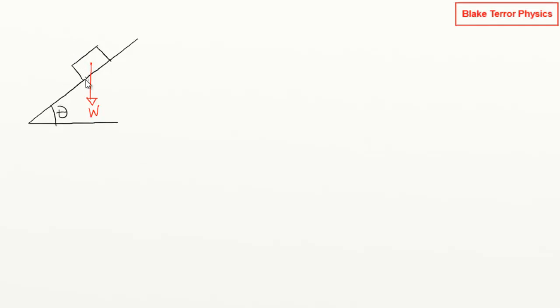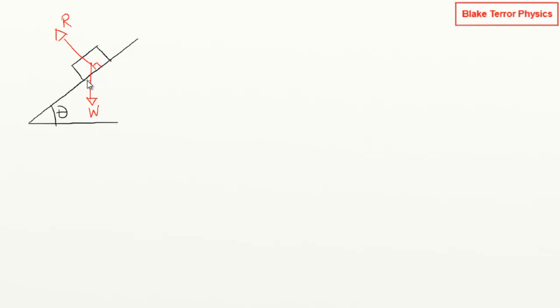We can then put on our normal reaction force. We've got a plane of contact here between the object and the slope, so at 90 degrees to that, okay, slightly wonky line, but that's just me drawing this freehand. So perpendicular to the slope, we've got our reaction force. That has to be perpendicular.